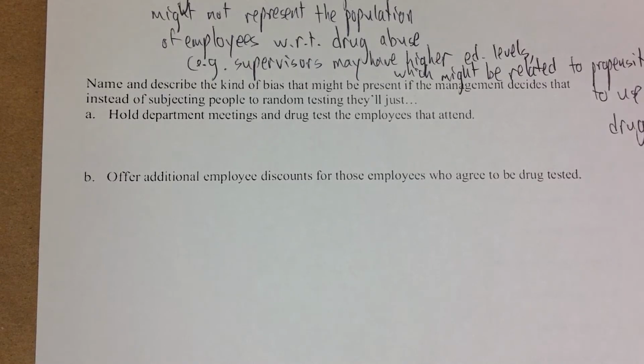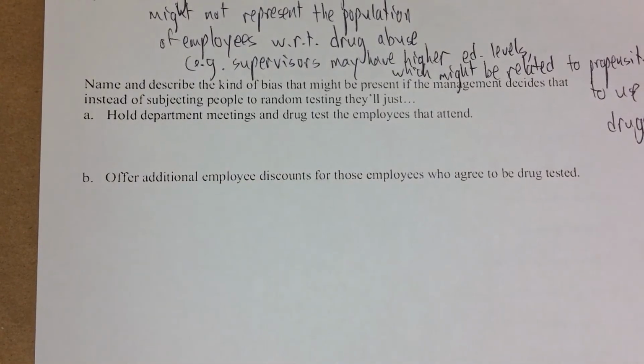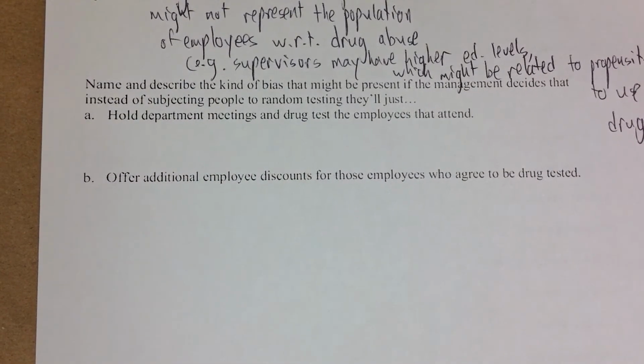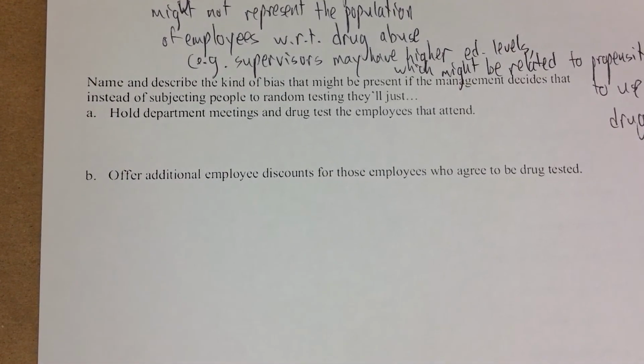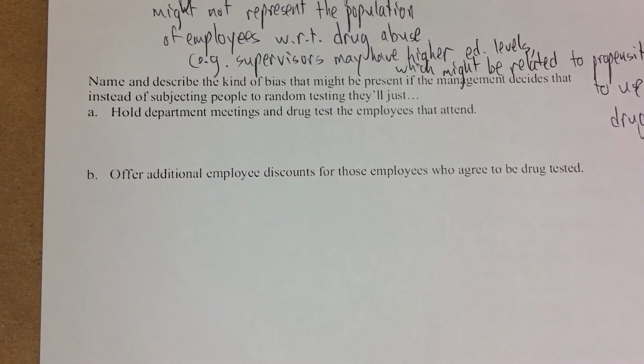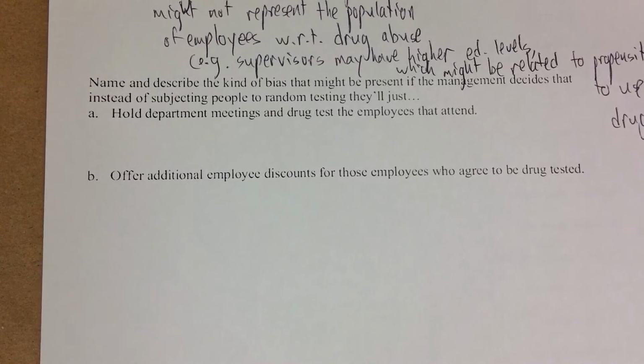So if going to these department meetings is not absolutely mandatory, like you might lose your job if you don't go, then we could certainly have voluntary response bias. So the people who show up might be the ones that are less likely to use drugs. Yes? Could also be undercoverage because maybe not all employees. Could be. Absolutely.